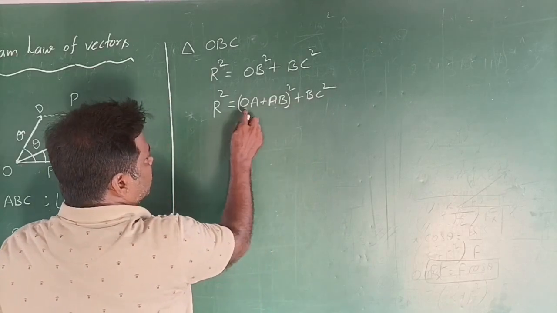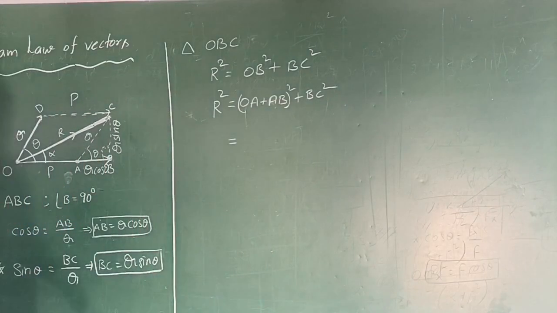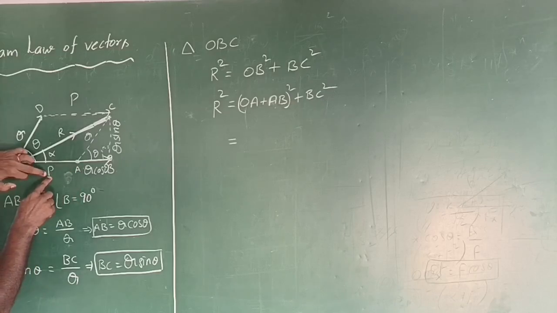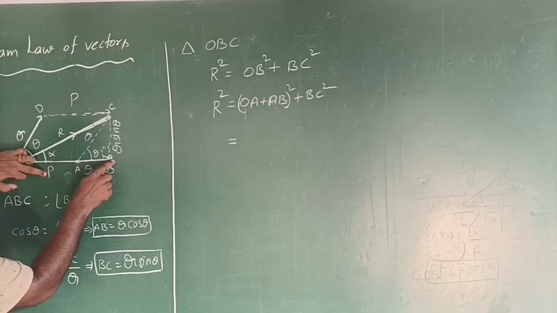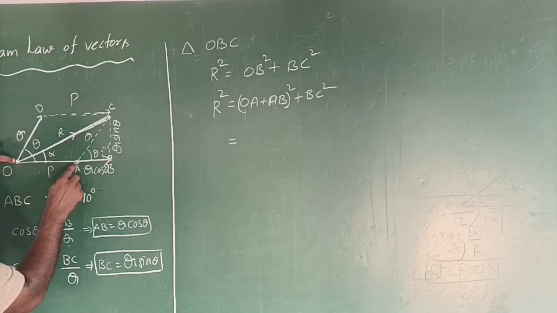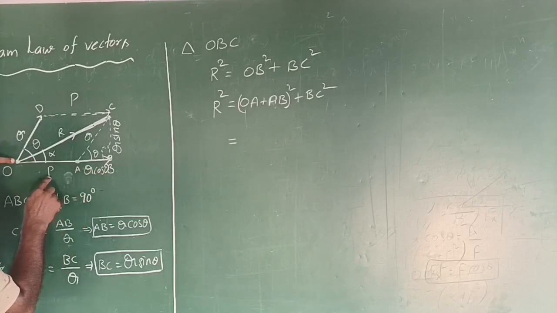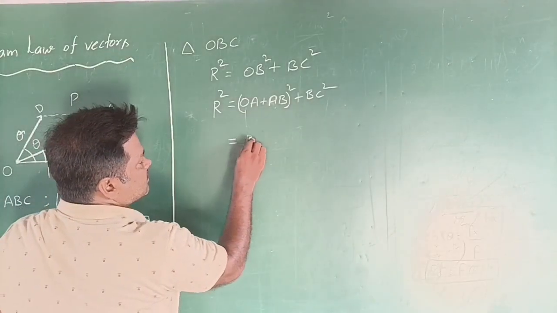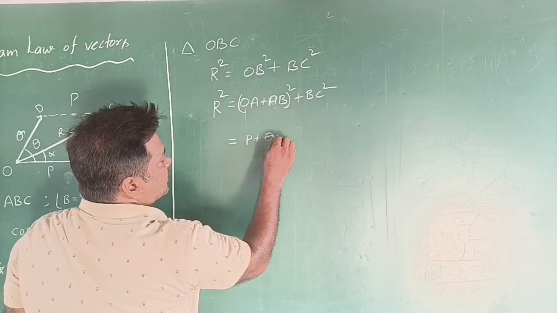What is OA? The value of OA in terms of given vector is P. The value of AB is Q cos theta. So OA plus AB can be written as P plus Q cos theta.